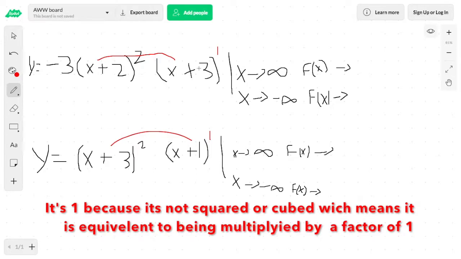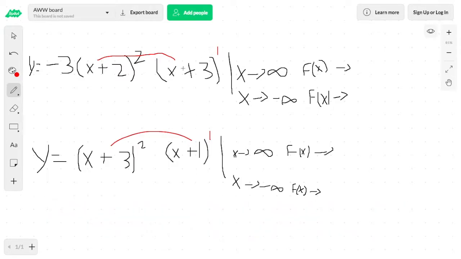Because it's squared, and the other factor is just 1, you can essentially add the exponents together and you will know that the term of highest degree will be x cubed for both of them. Then all you have to worry about is bringing down the coefficient. So the term of highest degree for the first equation is -3x cubed, and for the bottom equation it is just x cubed.